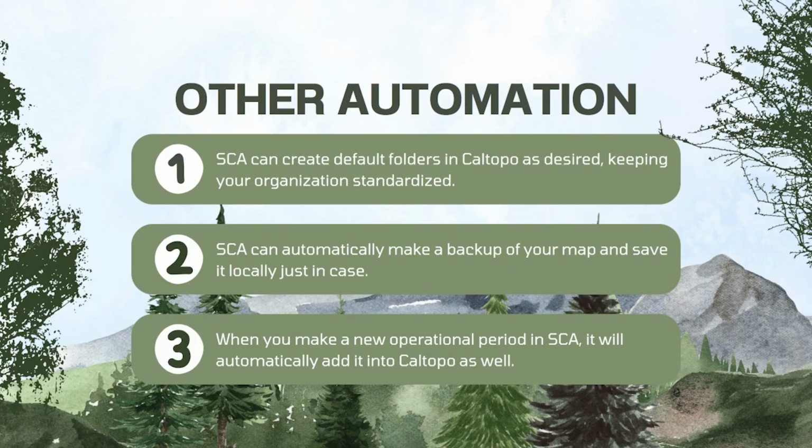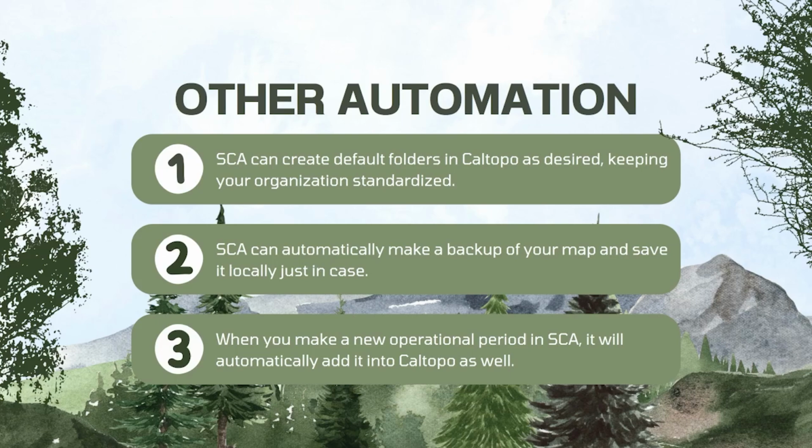There's a few other things you can do with the automation so far. You can specify default folders that will automatically be created in Caltopo once the connection is made. This helps just sort of standardize how the maps get organized within your organization. SAR Command Assist can automatically back up, so it'll download a backup of your map every however often you specify, and that backup is stored on your local machine.